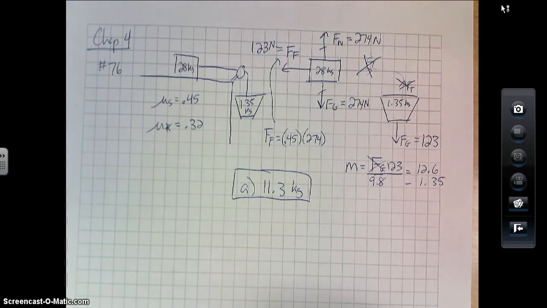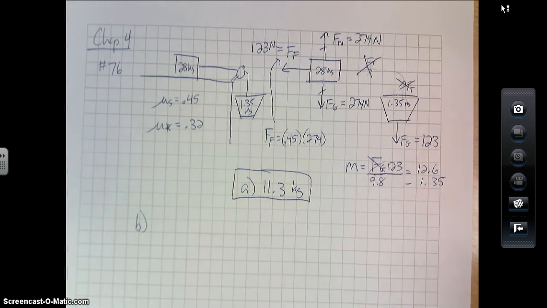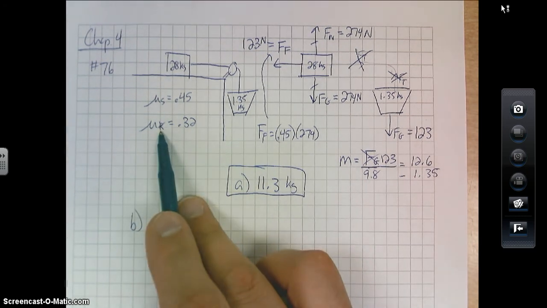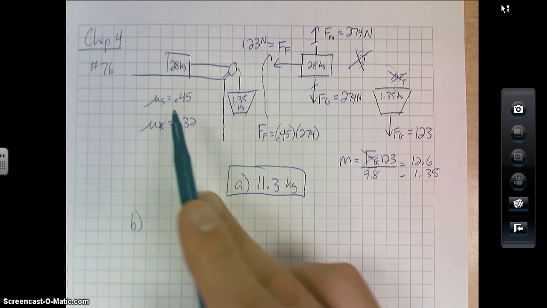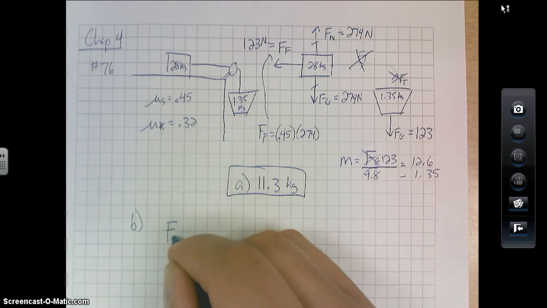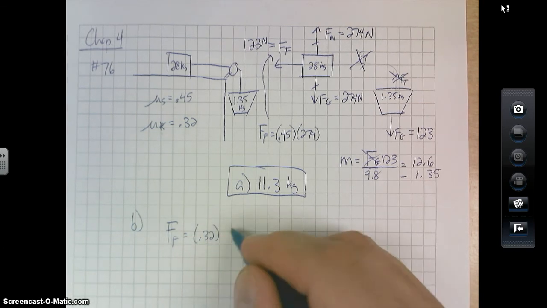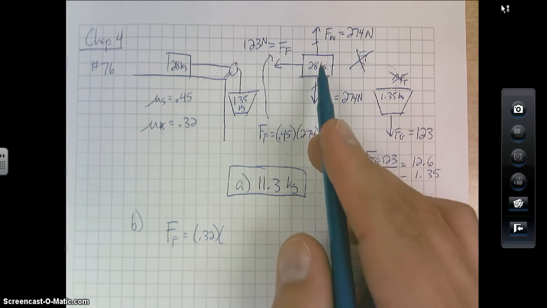Part B says, well, now that it's moving, what is its acceleration? Now, reminder that the force of friction is going to change when it starts moving because mu of K is less than mu of S. So I'm going to solve for my new friction value now that it's moving using 0.32. And still the same normal force, because remember this is the box, it's actually on the table.